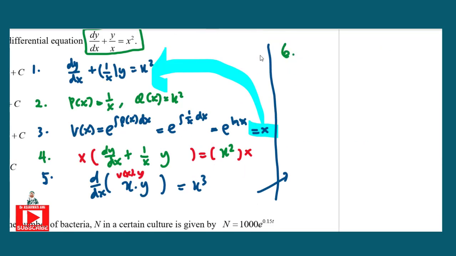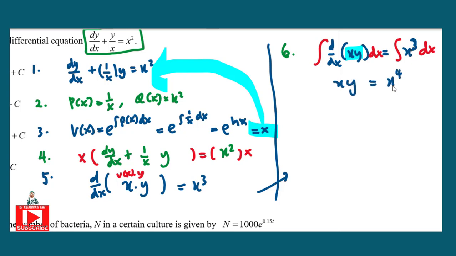Rewrite in integral form: d/dx of xy is equal to x cubed. Okay, write the integral with respect to x on both sides. Then, integrating, this one differentiates and integrates back, so we just write xy is equal to the integral of x cubed, which is x to the power 4 over 4 plus c.